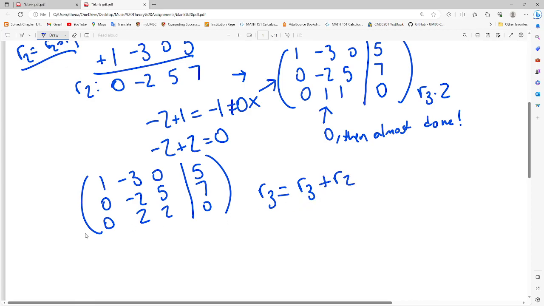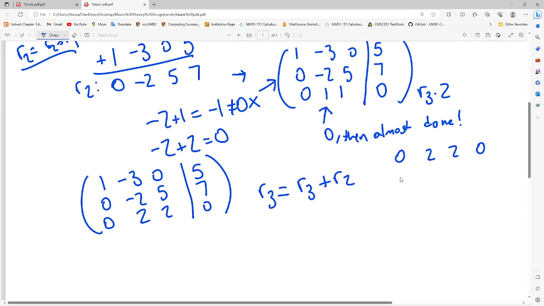And again, the reason we're doing this is because row 3 plus row 2 will get us a 0 in this column. But again, you can't add individual terms. You have to do it to the entire row. So we have row 3, which is 0, 2, 2, 0.